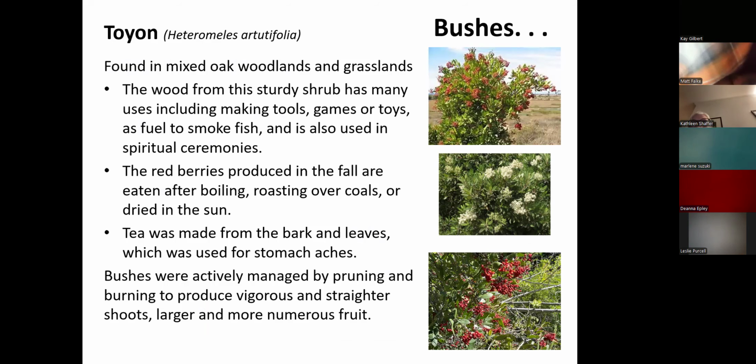The red berries are eaten after boiling, roasting over coals, or drying in the sun. Tea was made from the bark and leaves, which was used for stomach aches. These bushes were actively managed by pruning and burning to produce bigger shoots and more fruit, larger and more fruit.